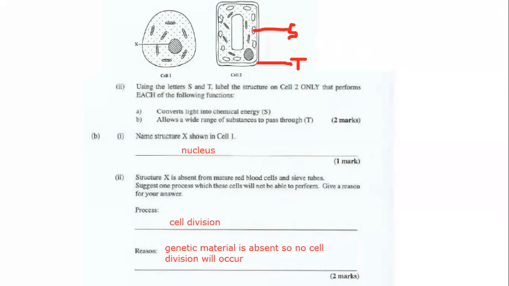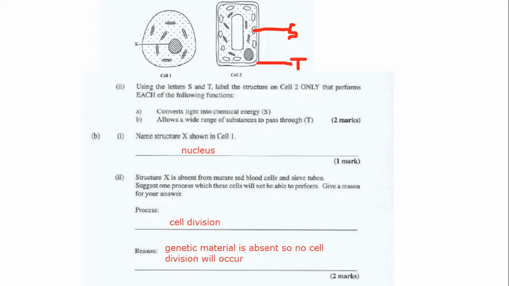All right. Let me see if I can save this again as a PDF. I have a question, ma'am. For B, sure. What's up? For IID, where it says allow a wide range of substances to pass through, why would it be the cell wall and not the cell membrane? Remember that the cell membrane is selectively permeable, or semi-permeable, as some of you are used to.